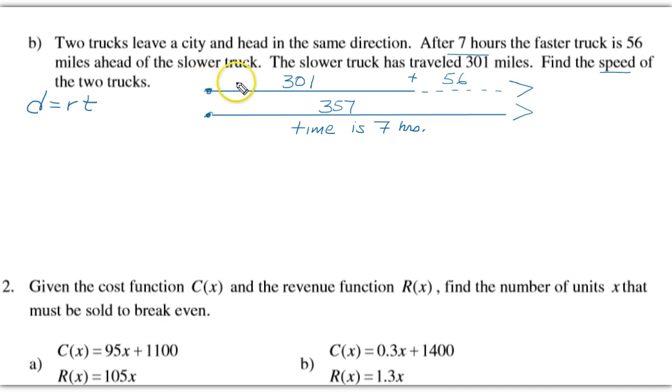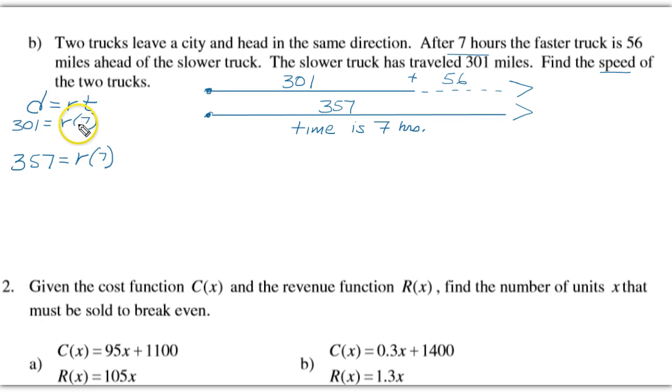So for this one here, we'd use distance equals rate times time. So the distance here is 301. We don't know the rate, but we know the time. And for this other one, we know their distance is 357. We don't know its rate, but we know that that time is also 7 hours.